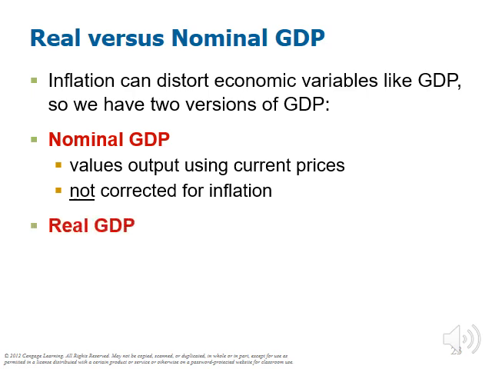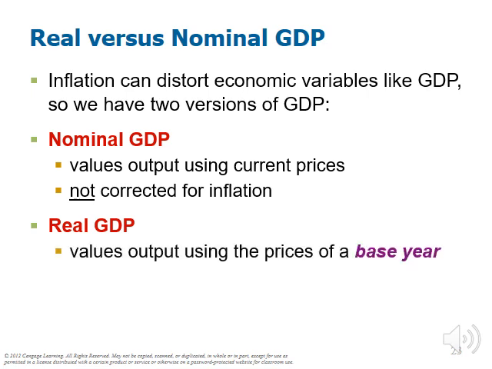Nominal GDP values output using whatever the current market price might be. Even if that market price is higher and higher year after year, we don't account for that. Nominal GDP is not corrected for inflation, and so it's going to include not only real goods and services, but rising prices. Real GDP values output using the prices of a base year, a fixed base year.